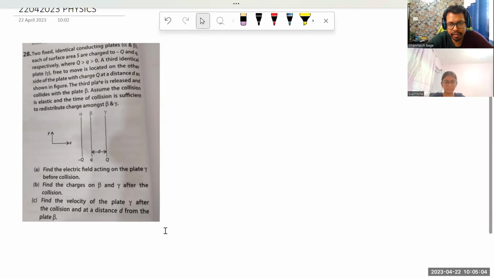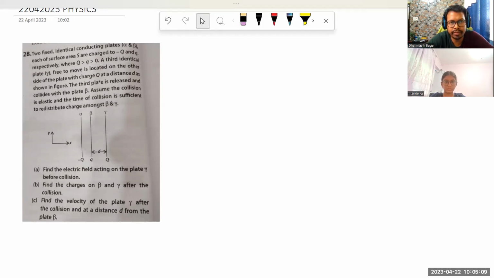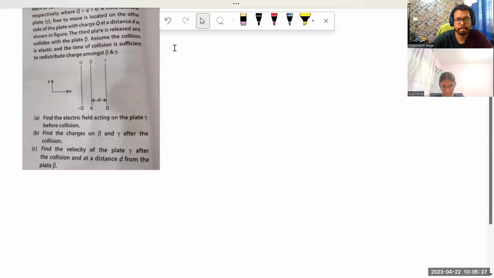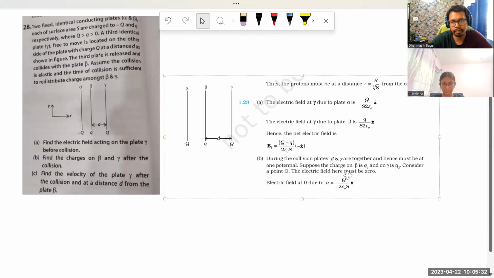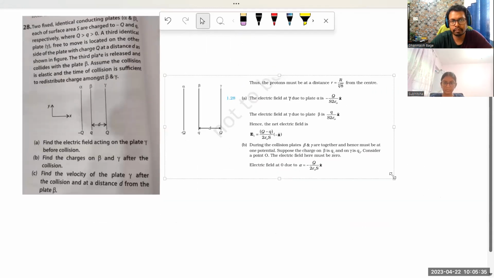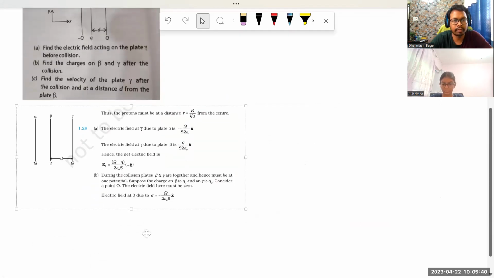Okay, I'll just show you. Did you see the solution here? Solution of this problem? The first two parts are not that difficult to understand. Let's stick it here.